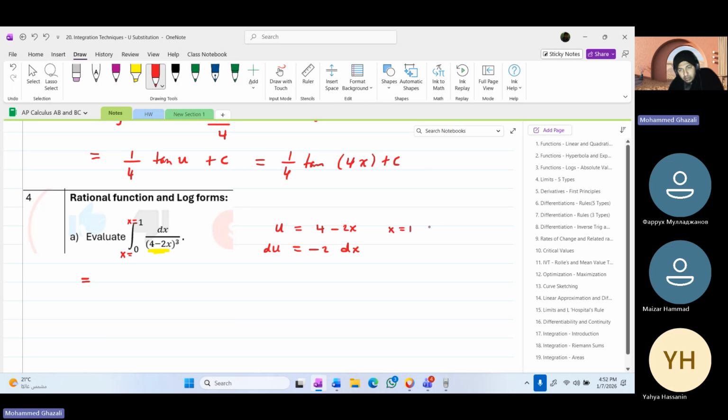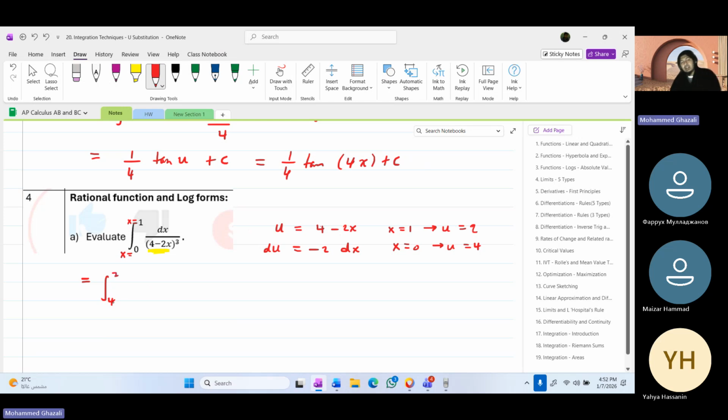If x is equal to 1, then what's the value for u from this equation? Because I need to change the boundaries. If x is 1, u is 2. And if x is 0, the value of u is 4.